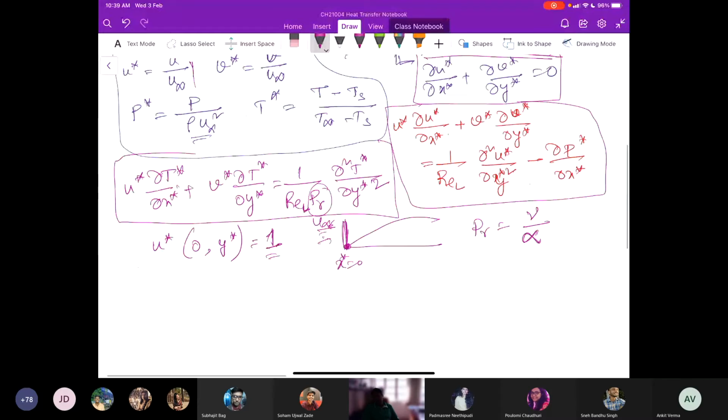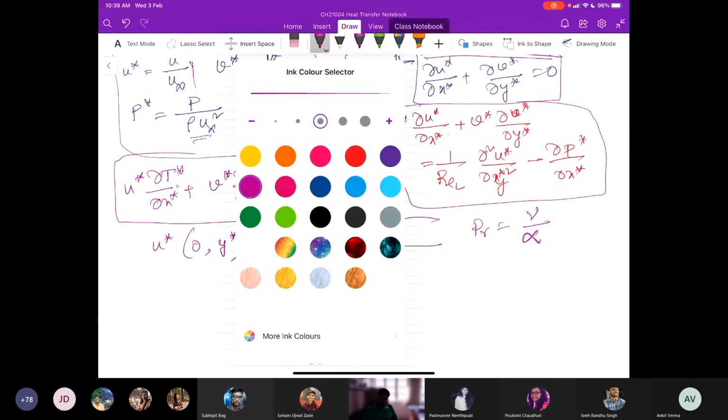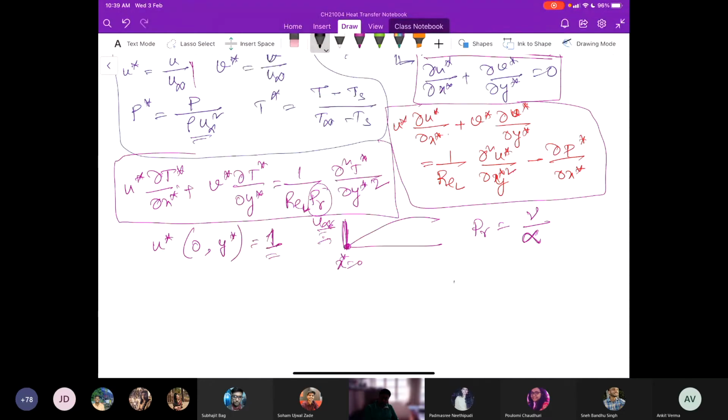How do we get the friction coefficient? Friction coefficient means C_fx. How is it related with the shear stress that we are always using? That was tau at the wall of the surface divided by the rho u square.